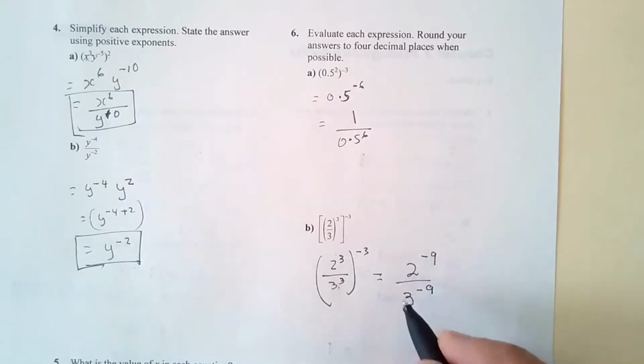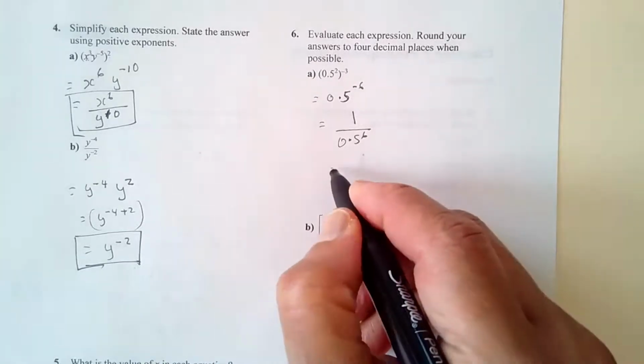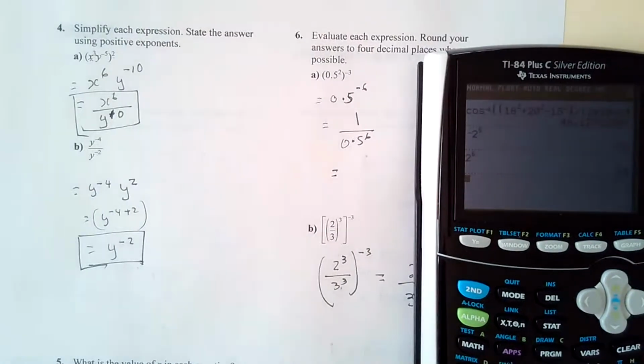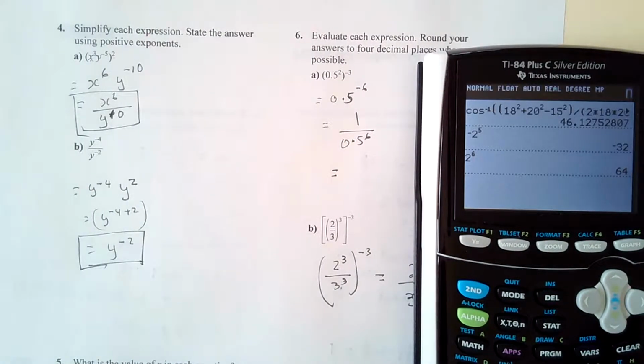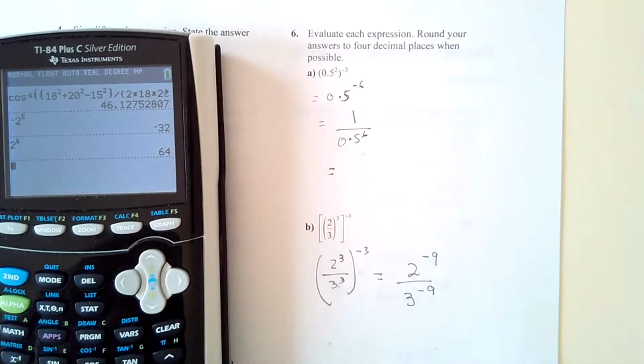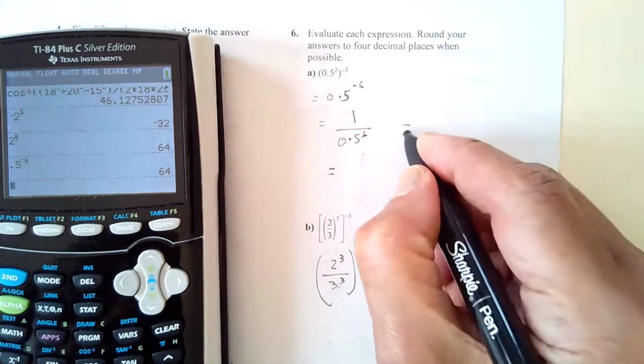You can use a calculator to simplify each answer. So if you were to do the first one, 0.5 to the negative 6, which gives me 64.